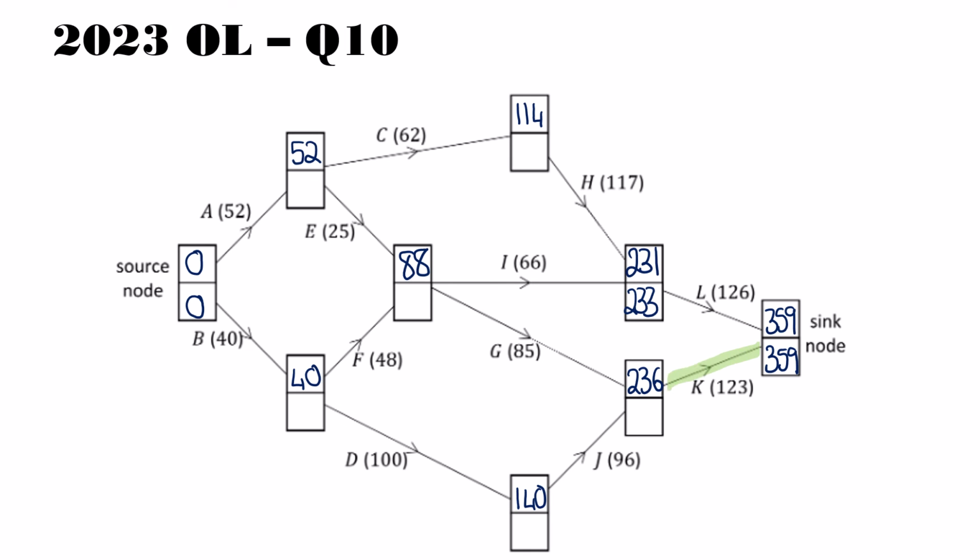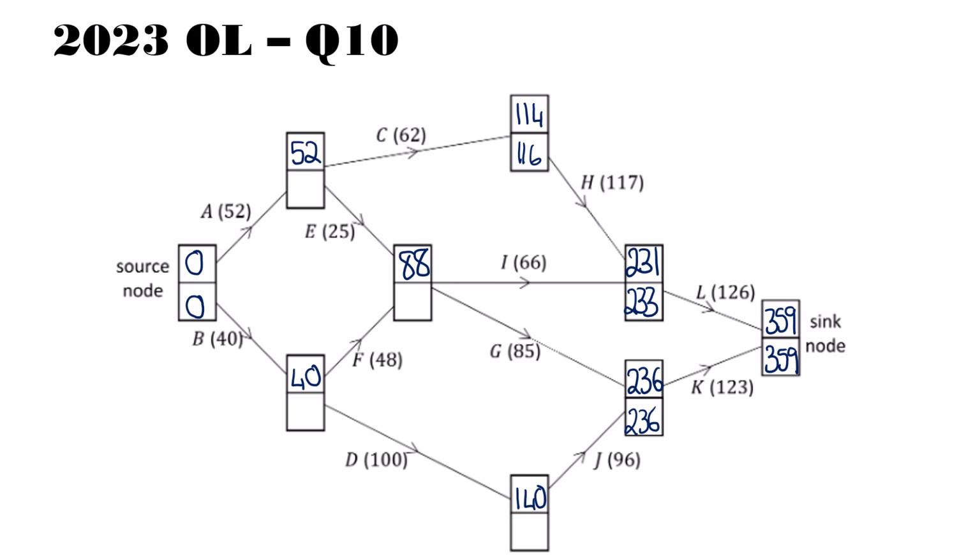And for K, we're going to do 359 minus 123, and that gives us 236. So the next one I'm going to work with is H. That's 233 minus 117, and that gives us 116.